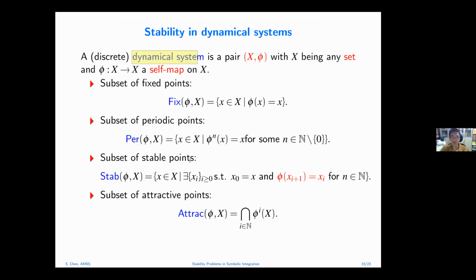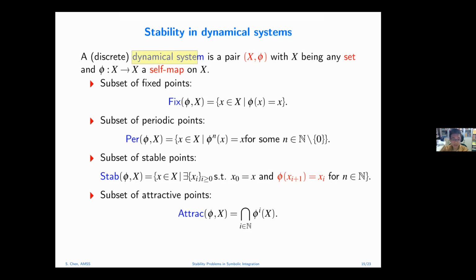But for the stable point, you think about going backward. Because phi is not surjective, a point x0 in X may have no pre-image. But if this element always has pre-images, then we say this point is a stable point.